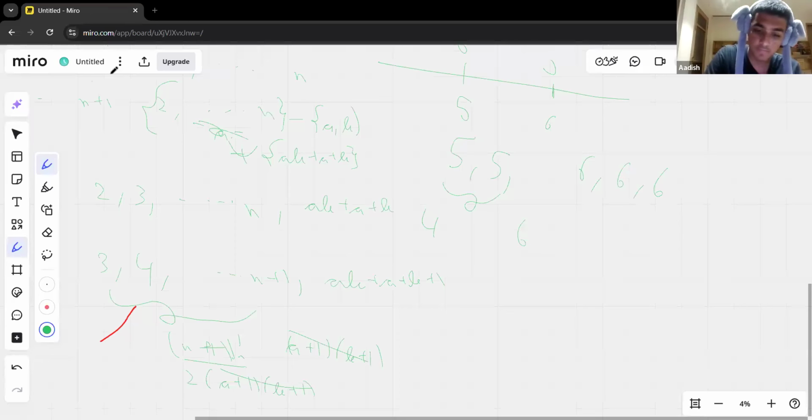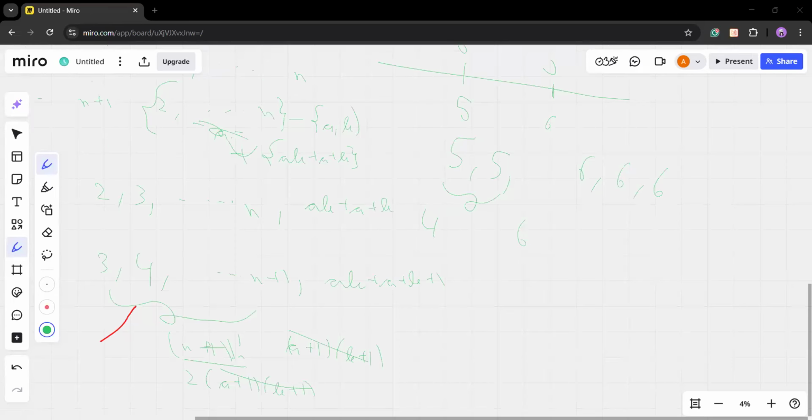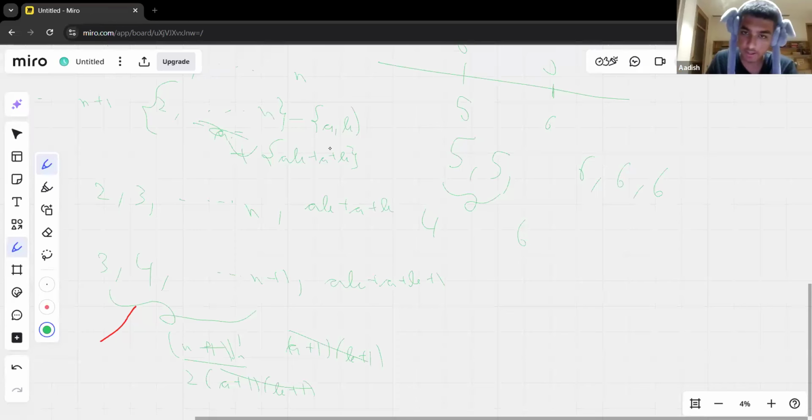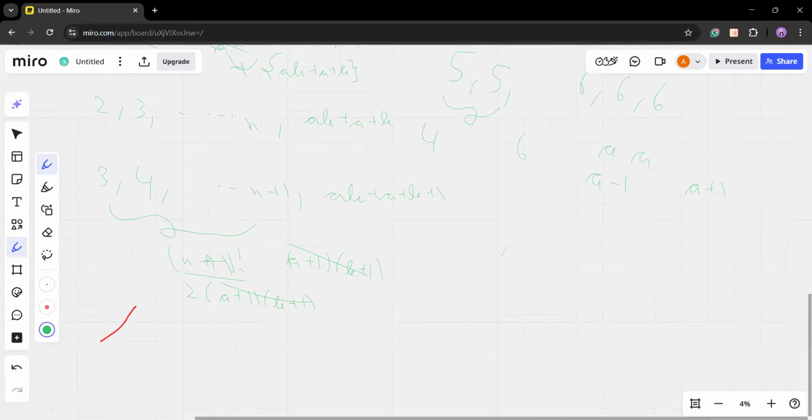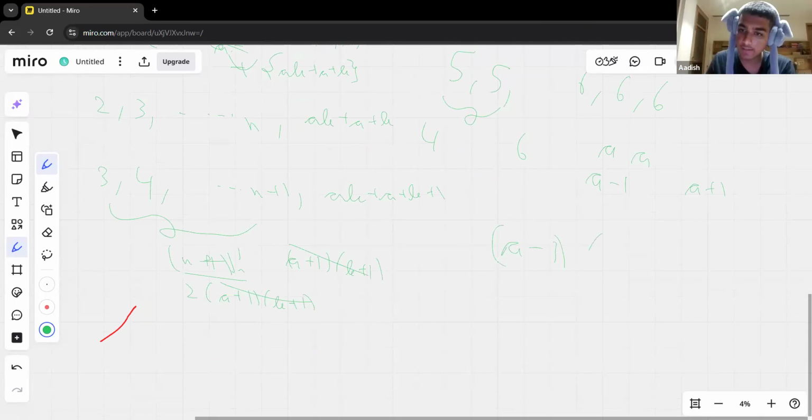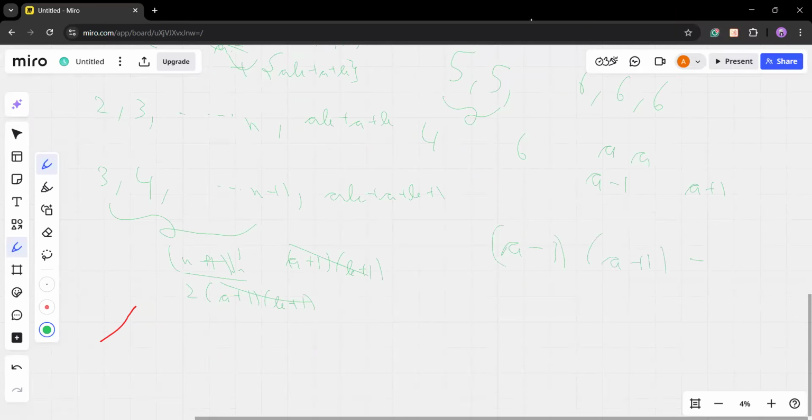Does this always decrease the GM? Yes, because first you had A and A. Now you have A minus 1 and A plus 1, right? So the product of A minus 1 and A plus 1 is A squared minus 1, which is less than A squared.